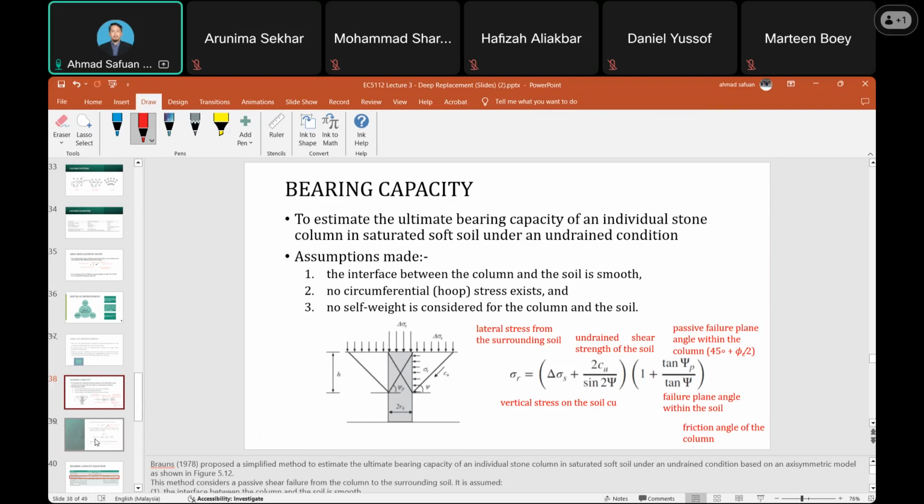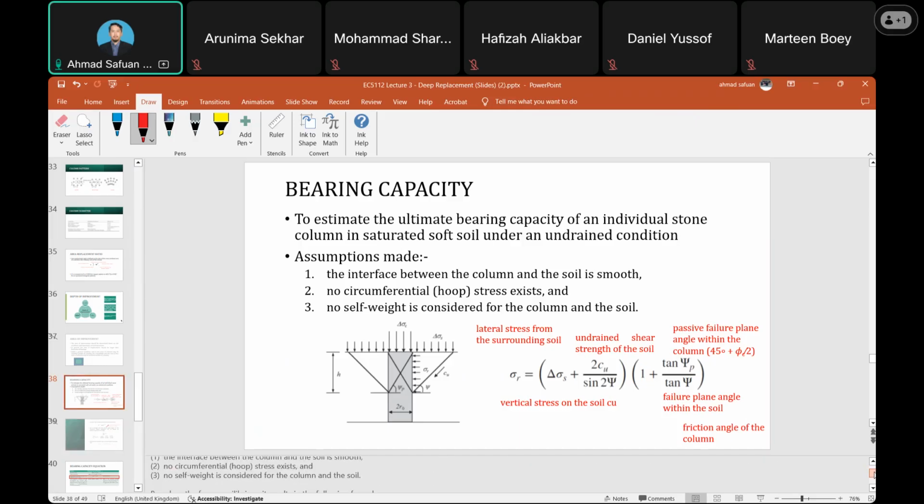No circumferential stress exists. No self-weight is considered for the column and the soil. So there are three assumptions made to estimate the bearing capacity of a stone column.